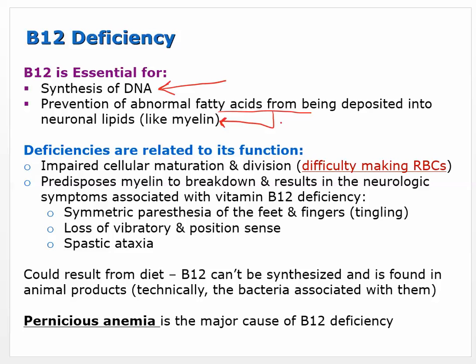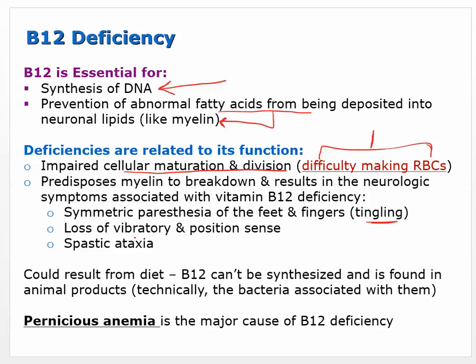neuronal deficiencies. Okay, so deficiencies are related to its function, impaired cellular maturation and division. So in other words, for what we're concerned about here, difficulty in making red blood cells, predisposes myelin to break down, and results in the neurological symptoms associated with vitamin B12 deficiency. Symmetric paresthesia, which is tingling of the feet and fingers, loss of vibratory and position sense.